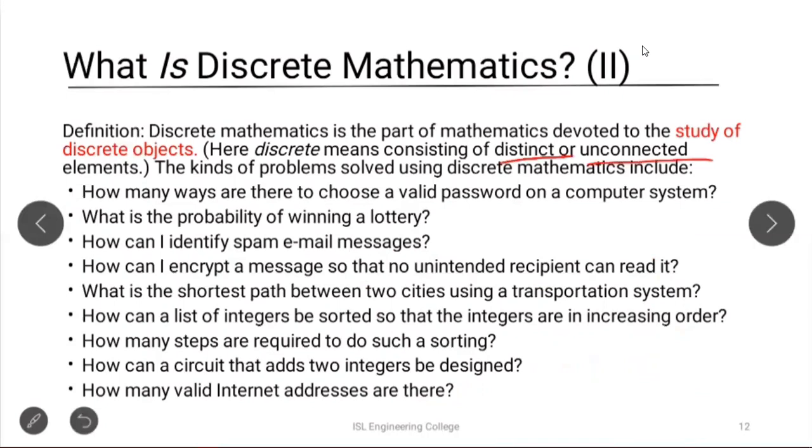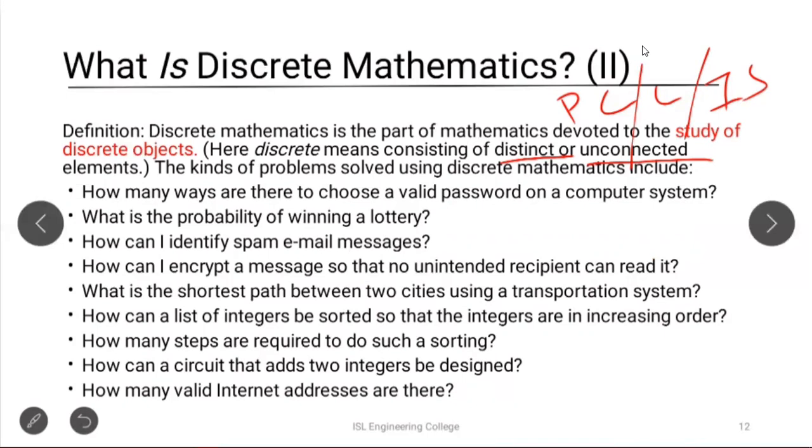Now, what kind of problems do we solve using discrete mathematics? What are the different branches? Parallel computing, cryptography, information security, all these. Discrete mathematics, like a programming language, is the basis for the entire computer science. These are just basic examples which can be solved using discrete mathematics.